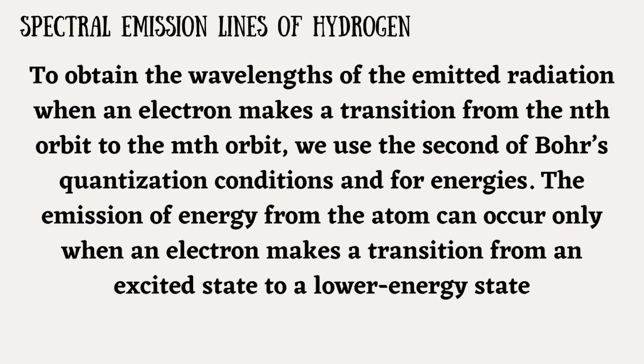To obtain the wavelengths of the emitted radiation when an electron makes a transition from the nth orbit to the mth orbit, we use the second of Bohr's quantization conditions. The emission of energy from the atom can occur only when an electron makes a transition from an excited state to a lower energy state.